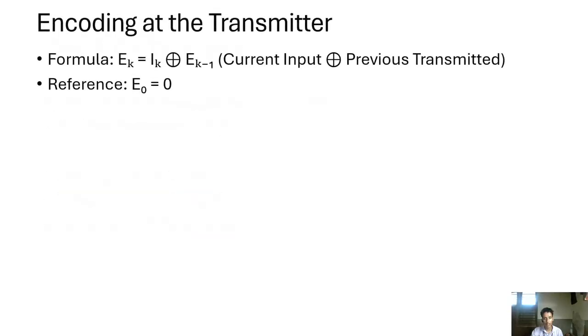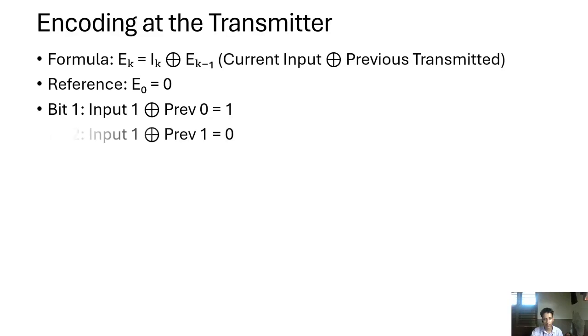Here is the step-by-step mathematics happening inside the transmitter hardware. For the first bit, we take our input 1 and XOR it with the reference 0. They are different, so we transmit a 1. For the second bit, our input is 1 and we XOR it with 1. They are the same, so we transmit a 0.